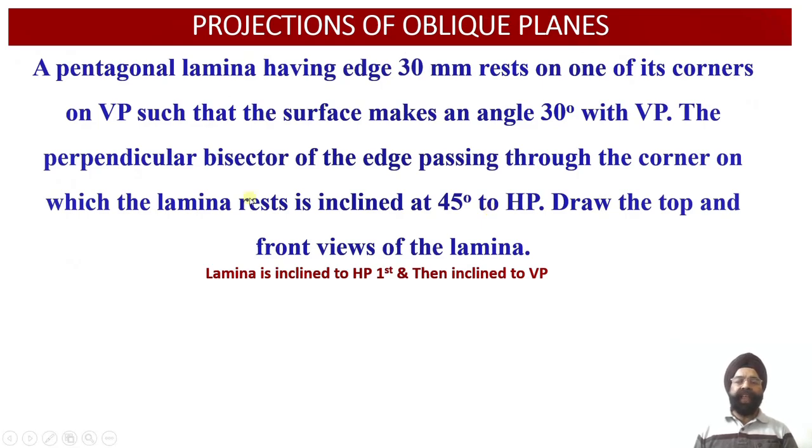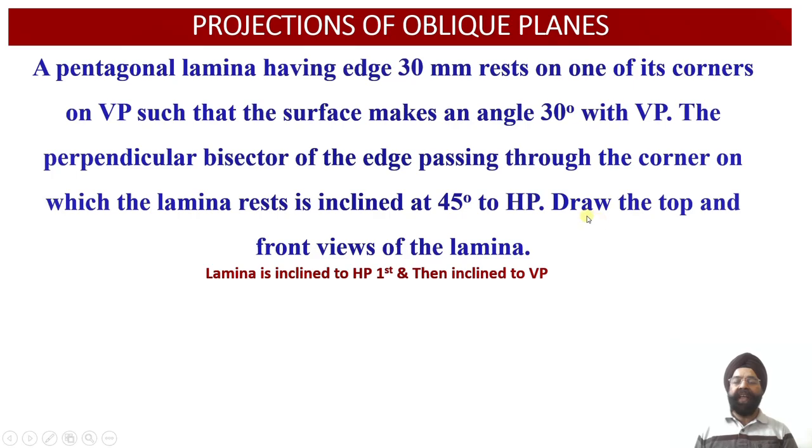From the vertex D, if we join the midpoint of the opposite edge, that is the edge AB, this particular line is obtained by joining the vertex D, which is contained by VP, and the midpoint of the opposite edge AB. This line is further inclined with respect to the horizontal plane at an angle of 45 degree.